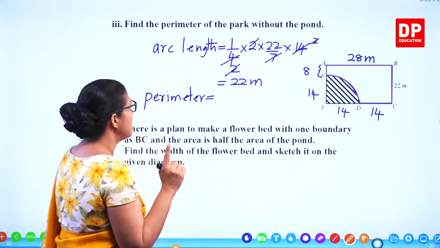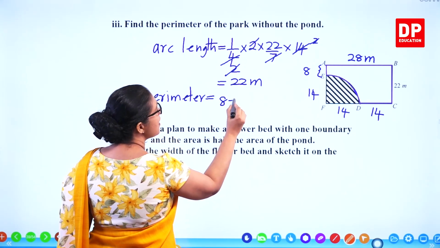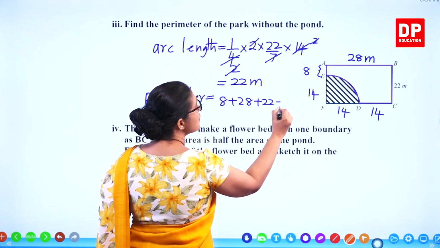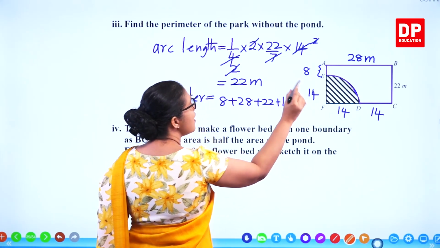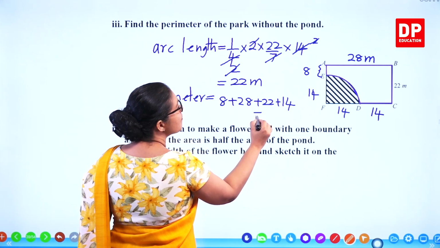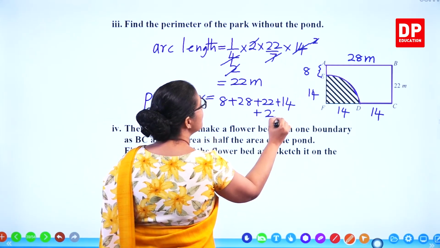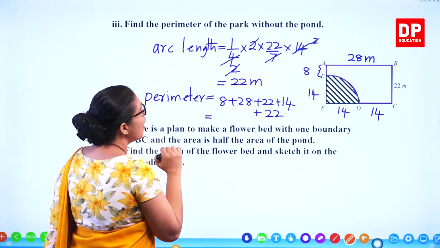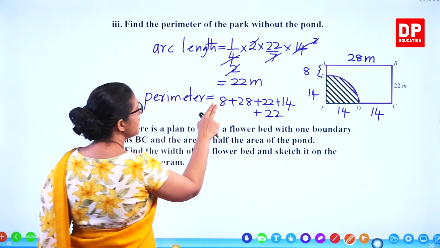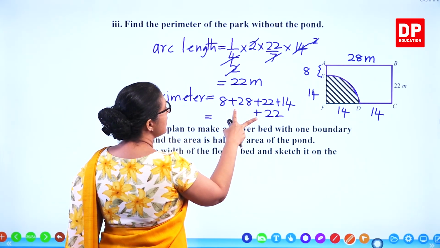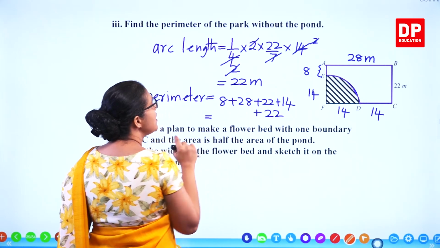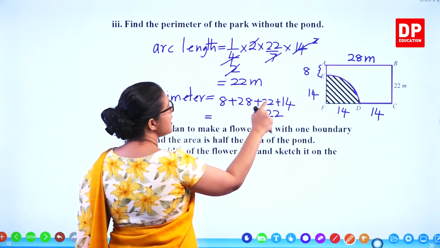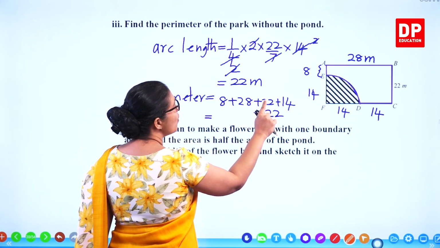Now we'll add all the lengths. 8 plus 28 plus 22 plus 14 and then the arc length, also 22. So what's the total? 22 and 8, 30. 30 and 28, 58. 58 and 22, 80.